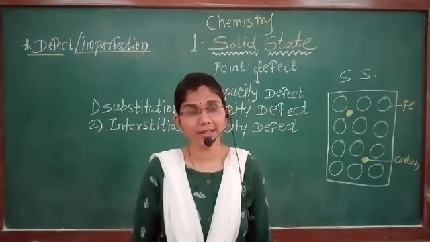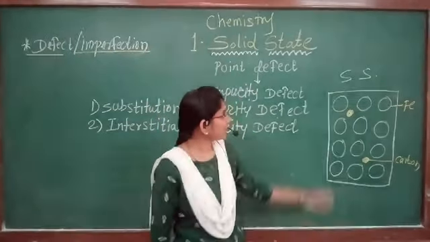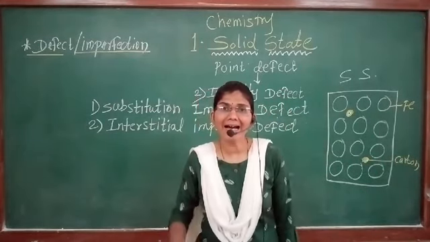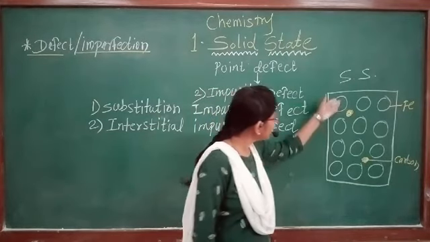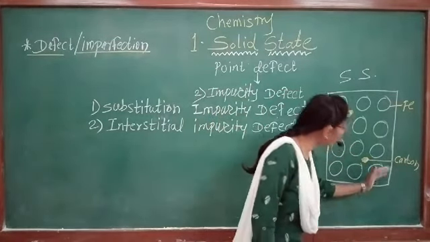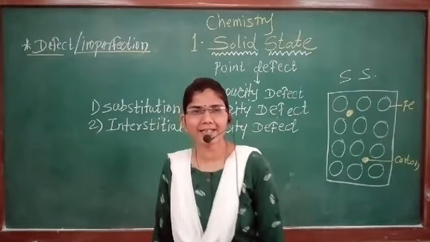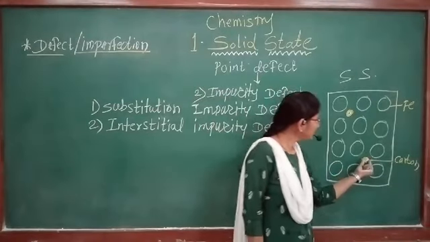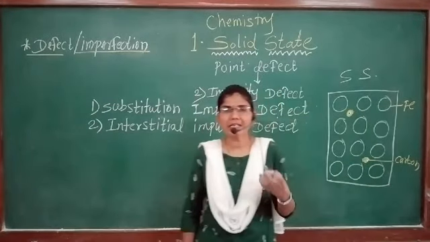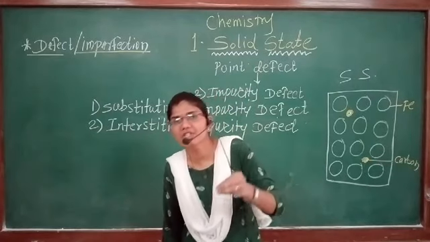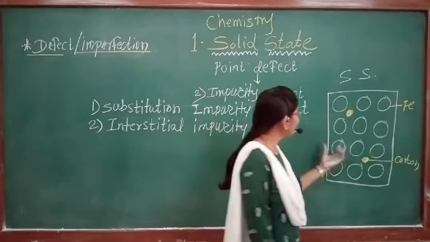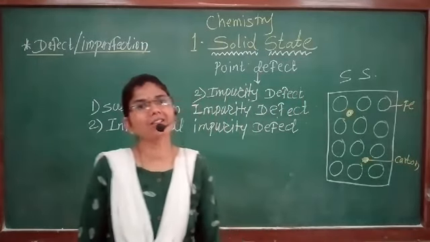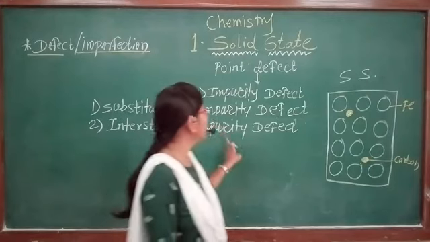But the Fe is present in the larger amount in the stainless steel, and in that stainless steel these are the regular sites of the Fe, the iron atoms, and an impurity of carbon. An impurity of carbon occupies an interstitial site in the Fe, and therefore this type of defect is called an interstitial impurity defect.